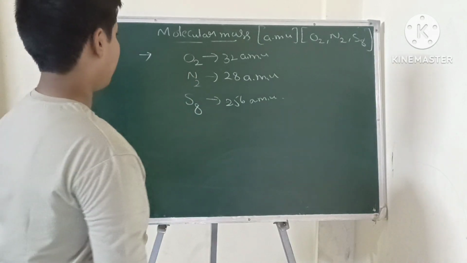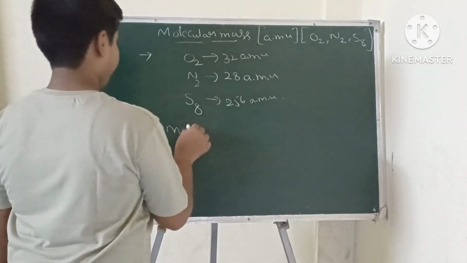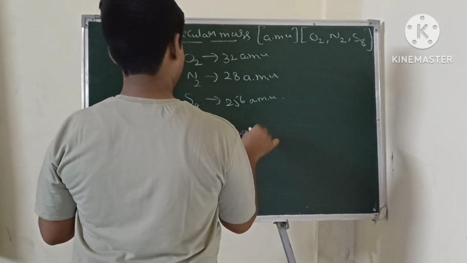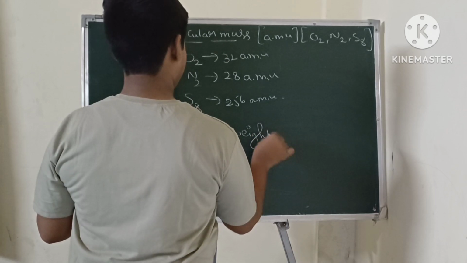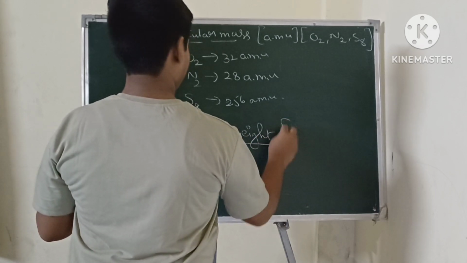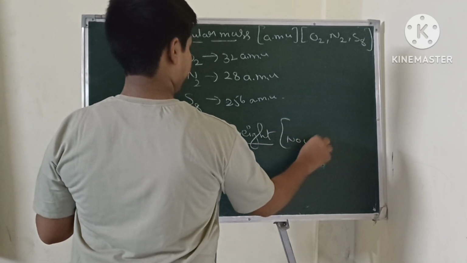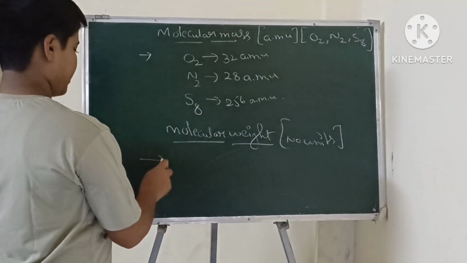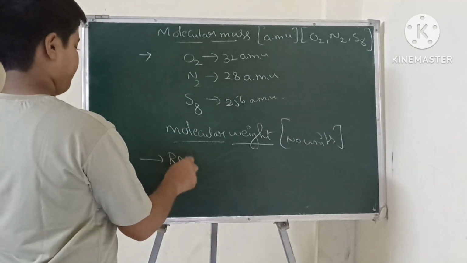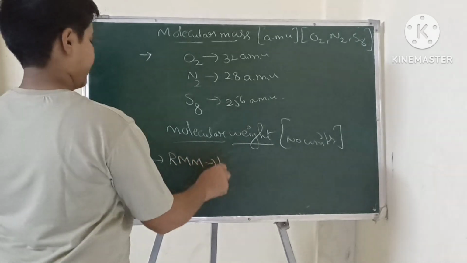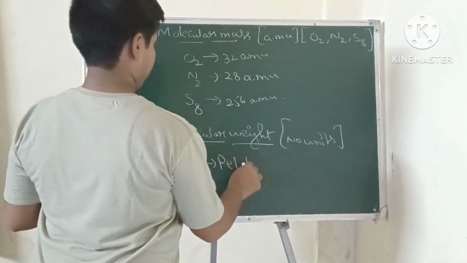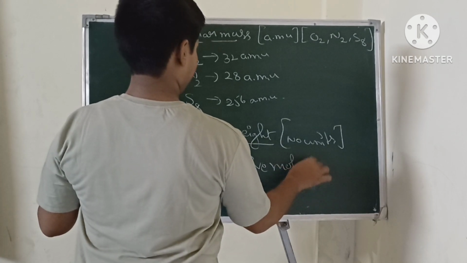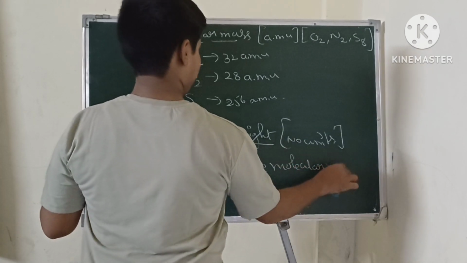And next one, molecular weight. It has no units. Molecular weight is also known as RMM, relative molecular mass.